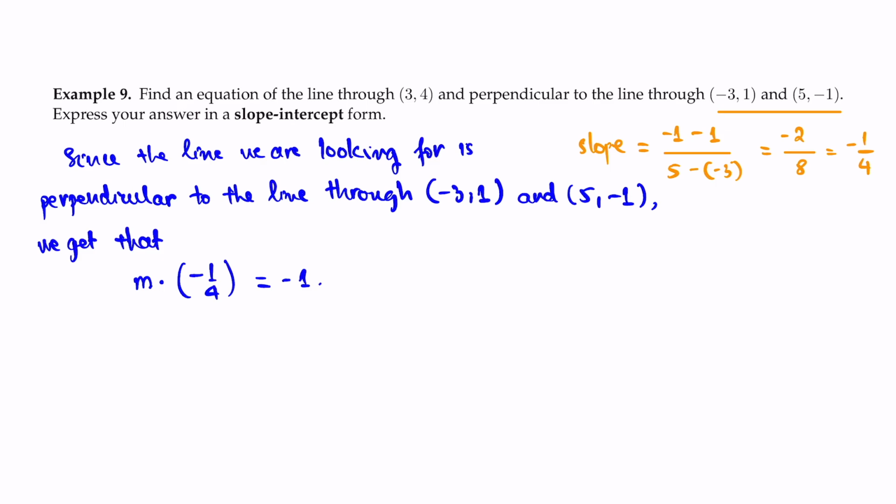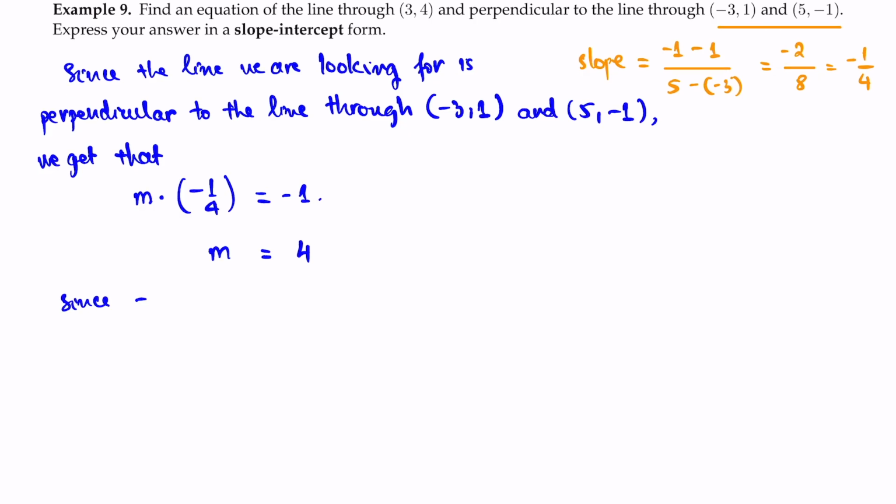Then from here you can solve for m. Multiply both sides by negative 4, and m is equal to positive 4. You have the slope, you have the point, and you can write the equation of the line.